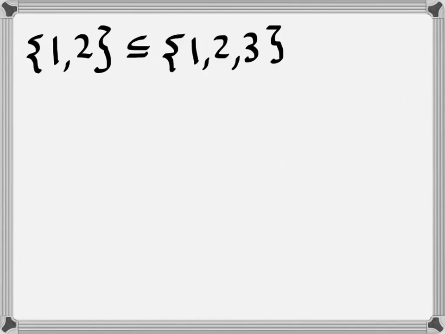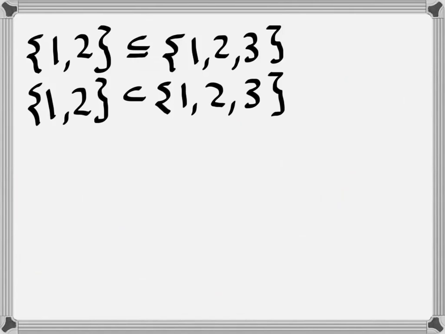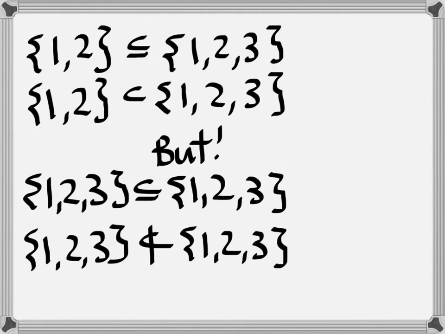All right, so we need to get some terminology down. If we look at this and we have the set consisting of 1 and 2, this is certainly a subset, but it's also a proper subset. So both of the symbols, the ⊆ with the bar and the ⊂, work. But it's not the case that these symbols are interchangeable.